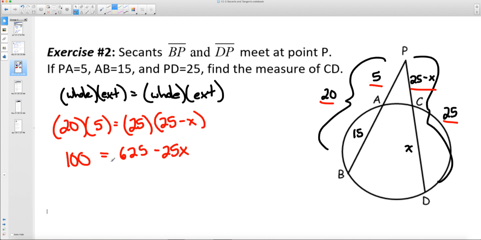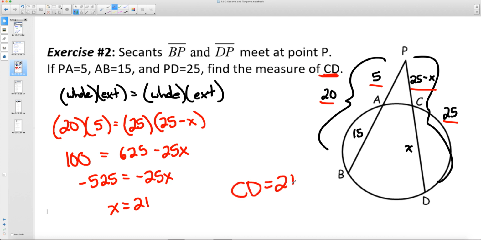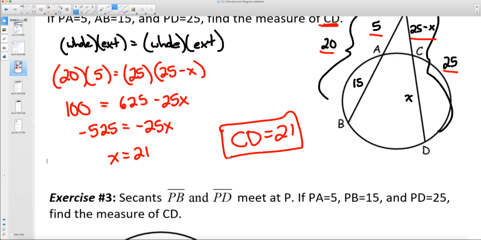So subtract 100, and that's going to be negative 525 equals negative 25x. Then divide both sides by 25. We get x equals 21. Since x was what they wanted us to find, we're done. CD equals 21. That's our answer. That's what x was.